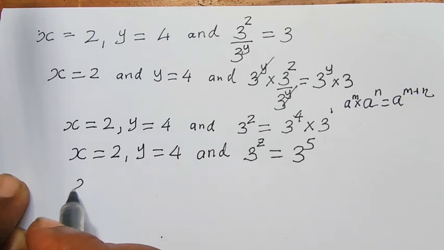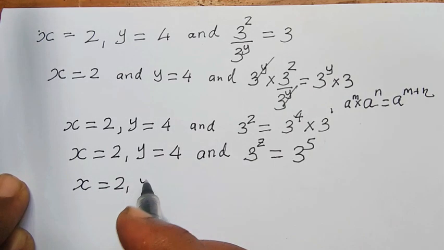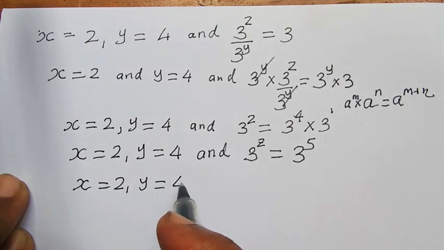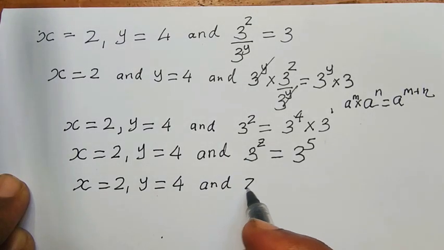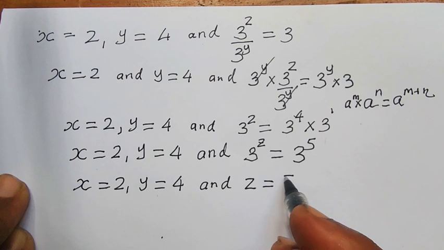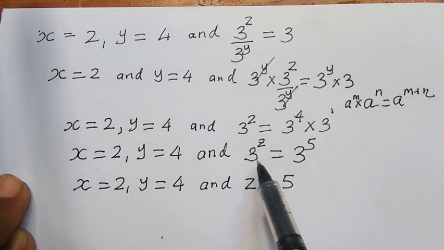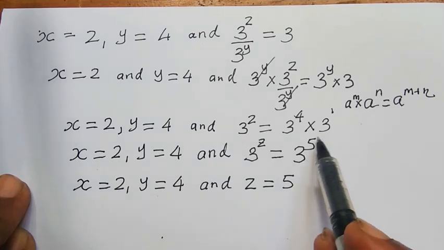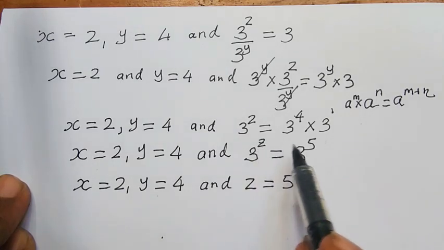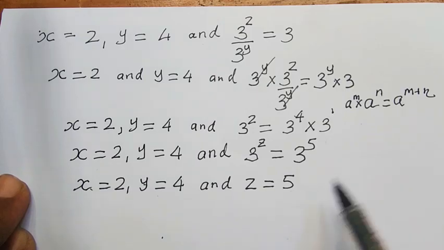So therefore x equals 2, y equals 4, and z equals 5, because the base of the left hand side is 3 and the base of the right hand side is 3, so their exponents are equal. This is the value of x, y, and z.